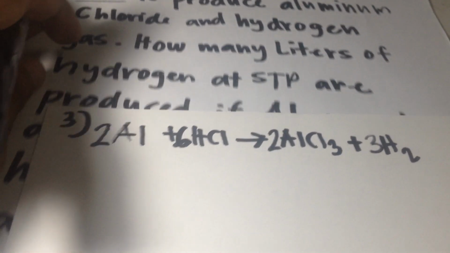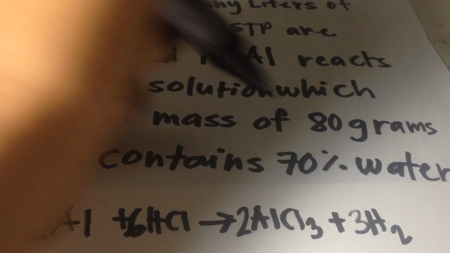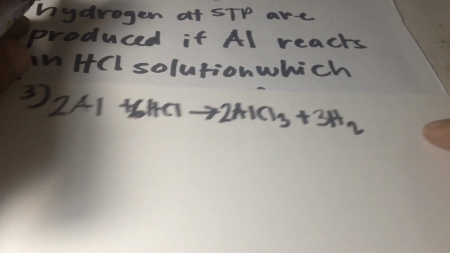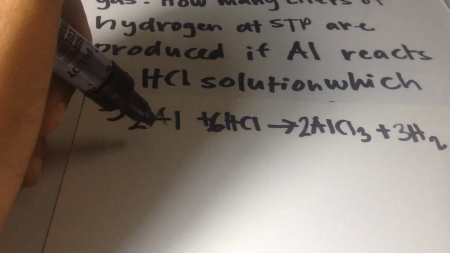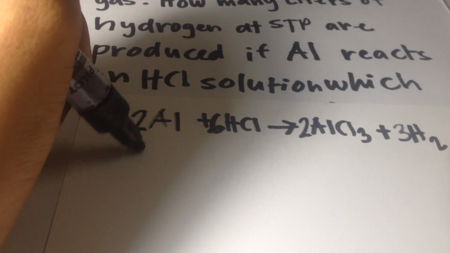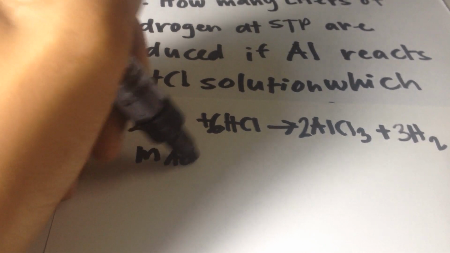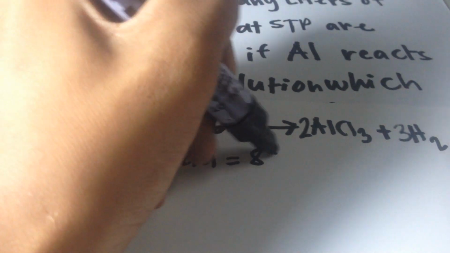So we have a given here, we have 80 grams of acid. So mass of acid is equal to 80 grams acid.